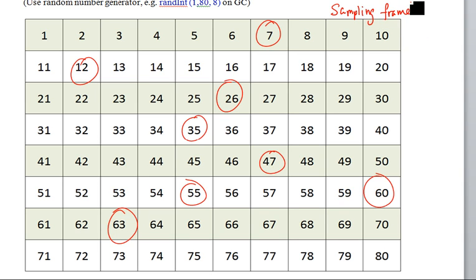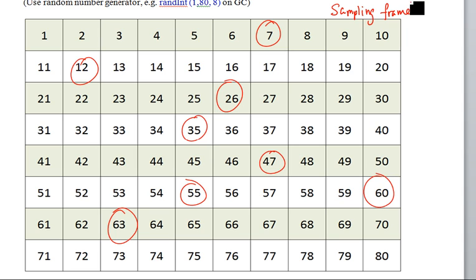Sampling frame means if I have a population of 80 people, 80 units, I must have a list of 1 to 80. Correct? I must have 1 to 80 before I can randomly select 8 numbers.